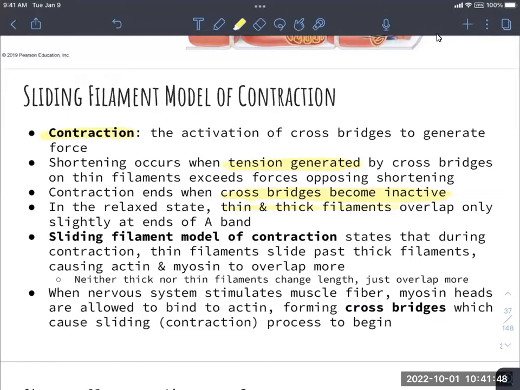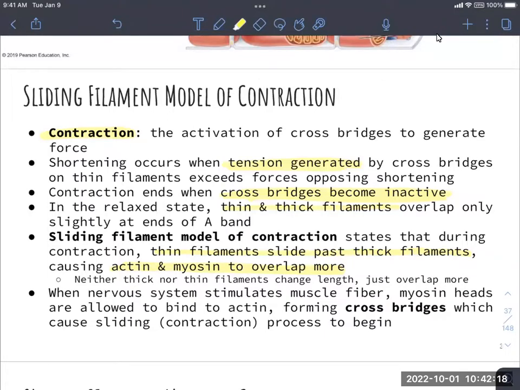So in that sliding filament model, during a contraction, those thin filaments slide past the thick filaments. And that's what causes that actin and myosin to overlap. They do not change length. They will just overlap more.